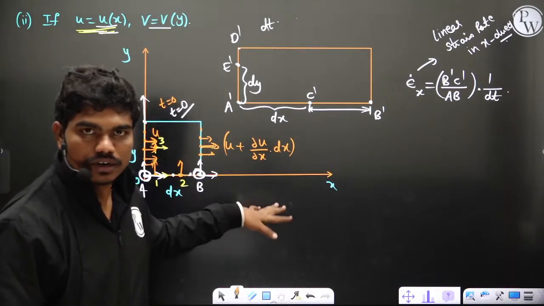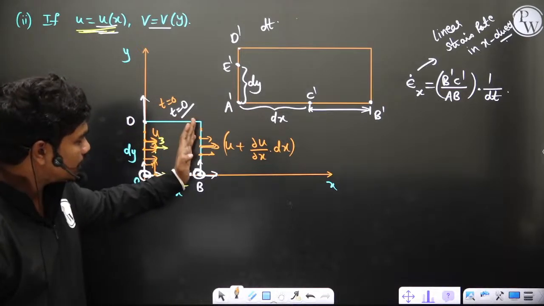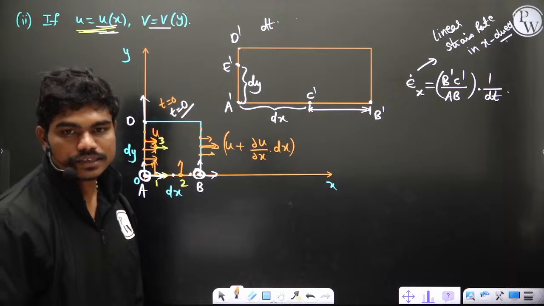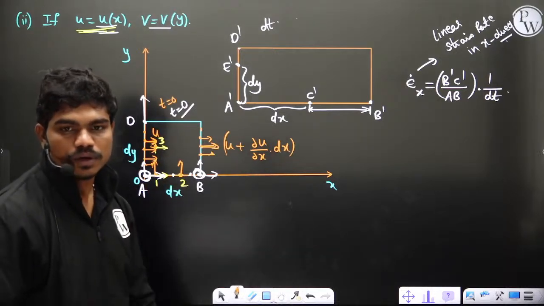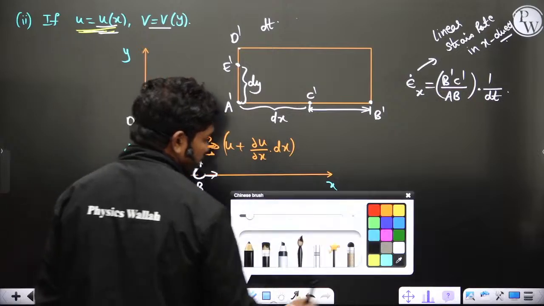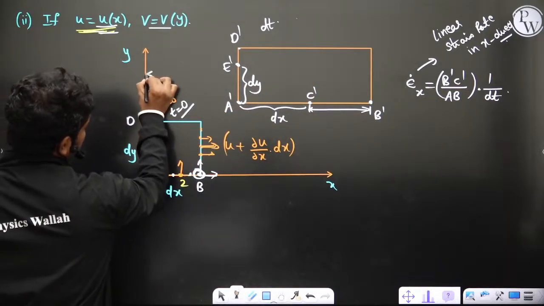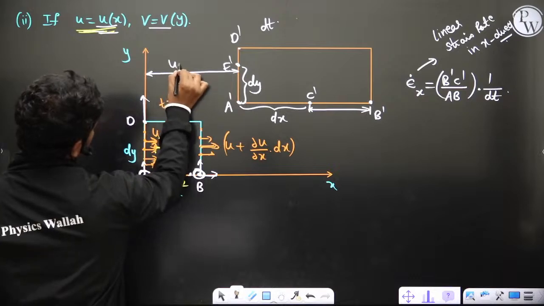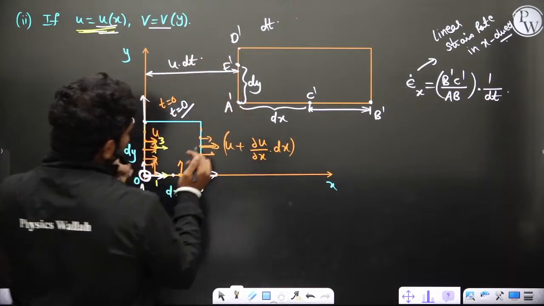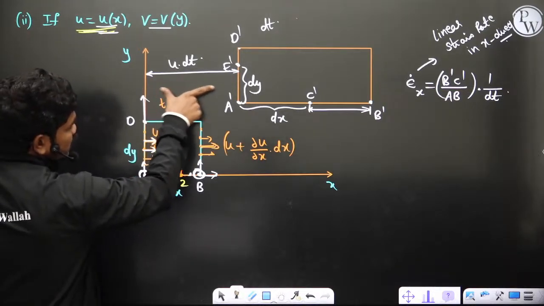We'll finish this and close the session, but right now please tell me, if these particles are moving at velocity u, then these particles will move at u plus dou u by dou x into dx. Correct? Because velocity is changing with respect to x. Now, this distance is nothing but u into dt, correct? Because this edge AD got displaced to here, and since these particles are moving with velocity u, this length is u dt.